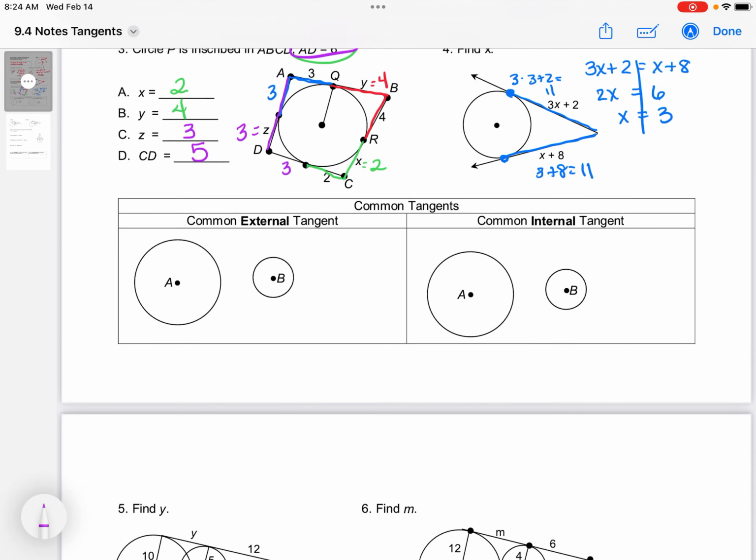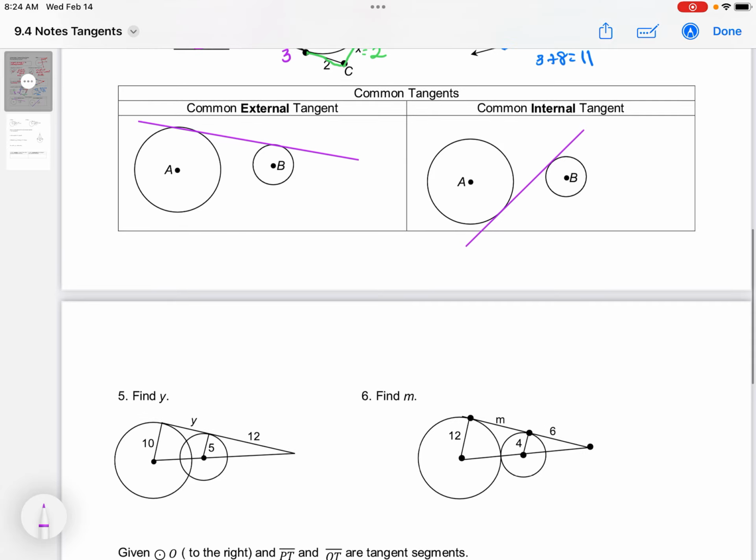All right, external tangents. Common external tangents look like the line that's tangent to both, and an internal tangent goes, let's see if I could do this like that. Oh, that's not horrible. Okay.